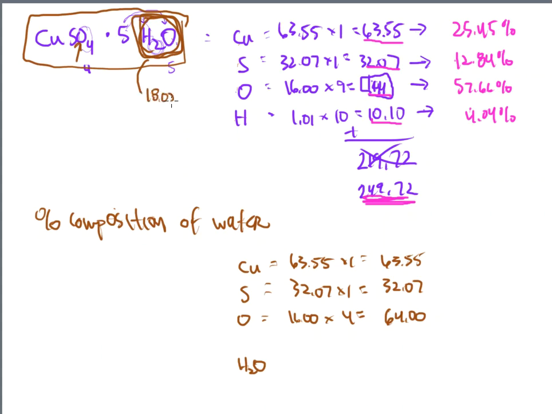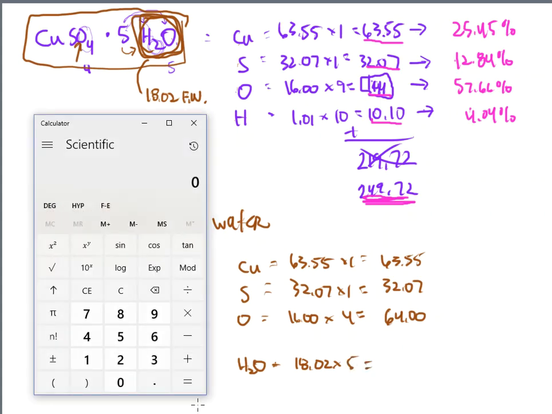That's 18.02 as far as the formula weight goes. So I'm going to kind of treat that as its own entity, its own piece, right? 18.02. And there's 5 of these waters, which means that we're going to multiply that by a 5. This is kind of the quickest way to do it. So 18.02, and we're going to multiply by a 5, and we get 90.10.